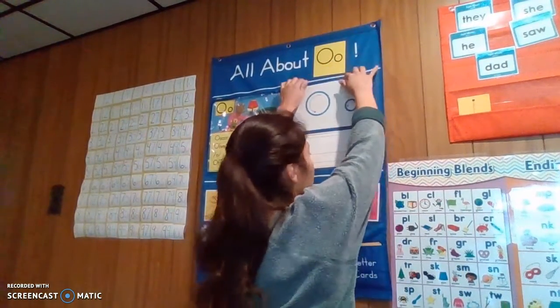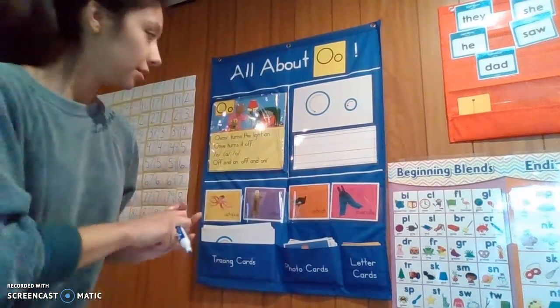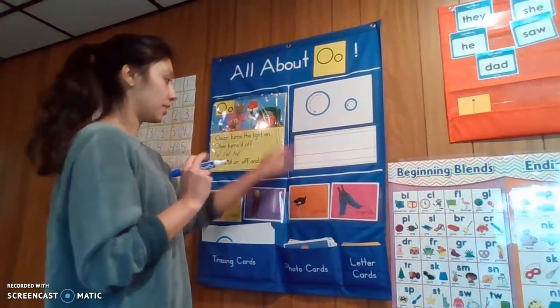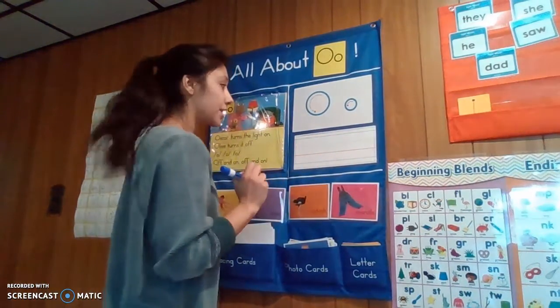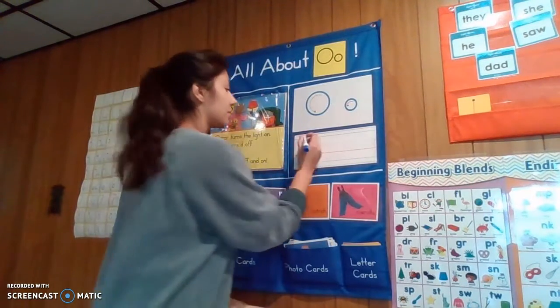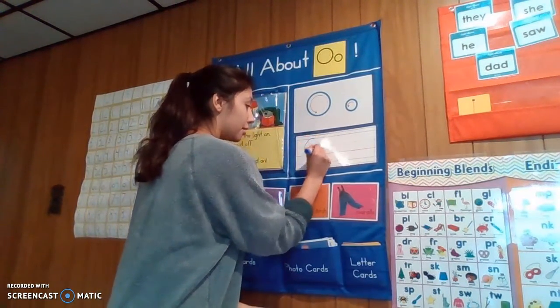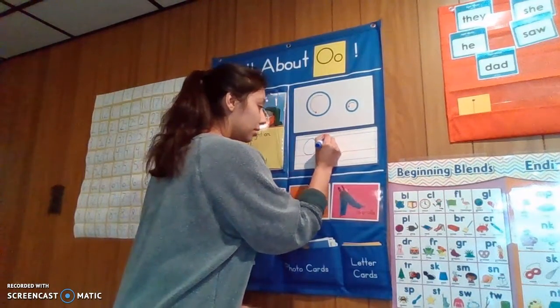I'm going to show you how you would write it on paper. So if you can see here, I do have my space for writing. I told you we're going to write 2 uppercase O's and 2 lowercase O's. So you want to start here on this top line and go around and connect. Alright, I'm going to make another one.